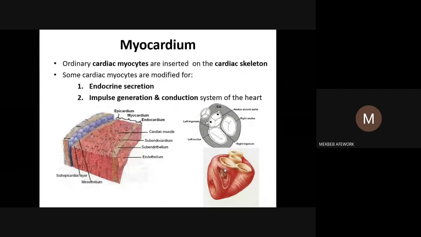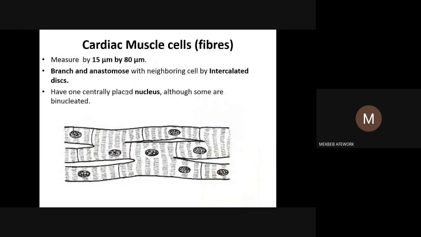So cardiac muscles behave like neurons in impulse generating, and like endocrine glands in being secretory. Otherwise, normally they are contractile.